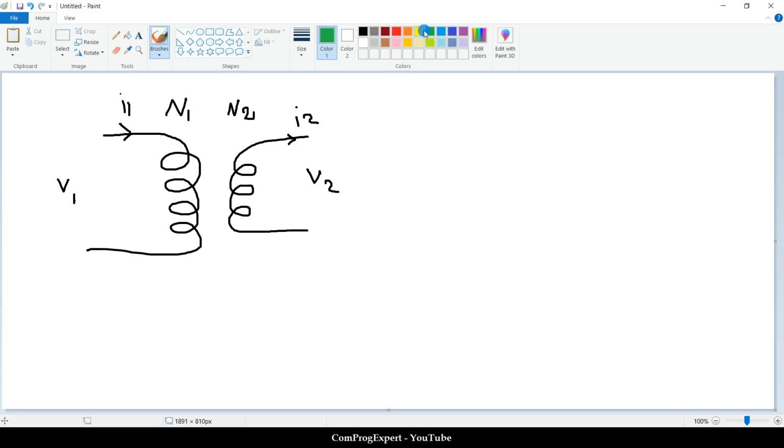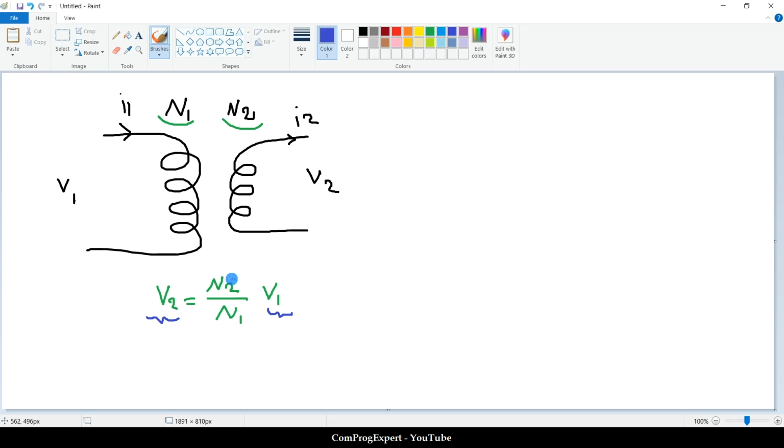In a single phase transformer, the number of turns are constant values. And the value of V2 is equal to N2 divided by N1 times V1. The value of V2 is determined by V1 and this turns ratio.